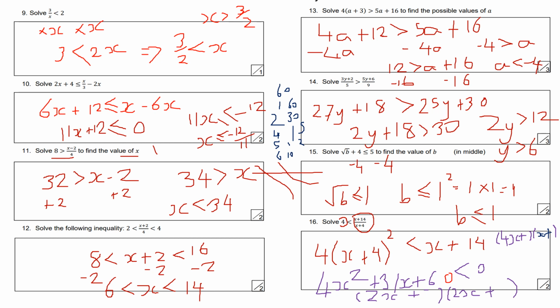That'll be 32. So 4x plus 15 and then x plus 4. That will give you 31x, is less than 0.